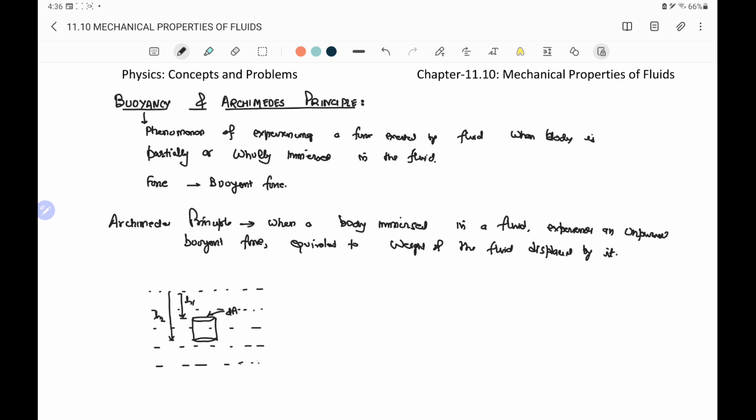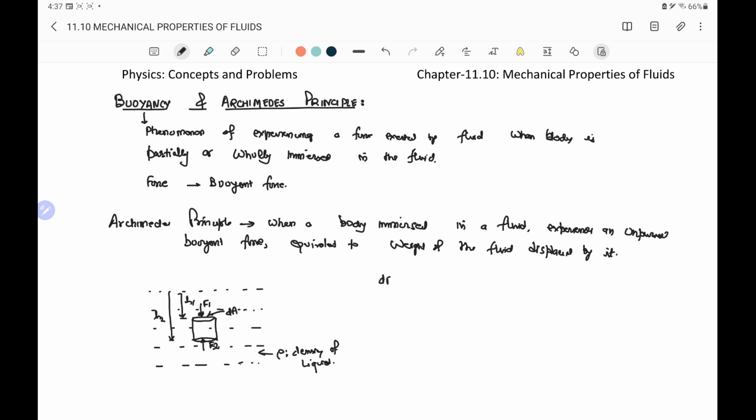Density of the liquid is rho. Therefore the net force acting on the elementary cylinder can be calculated by considering that F1 is acting downward and F2 is acting upward, because F2 will be larger, as the pressure at the lower surface will be higher because of the more depth.